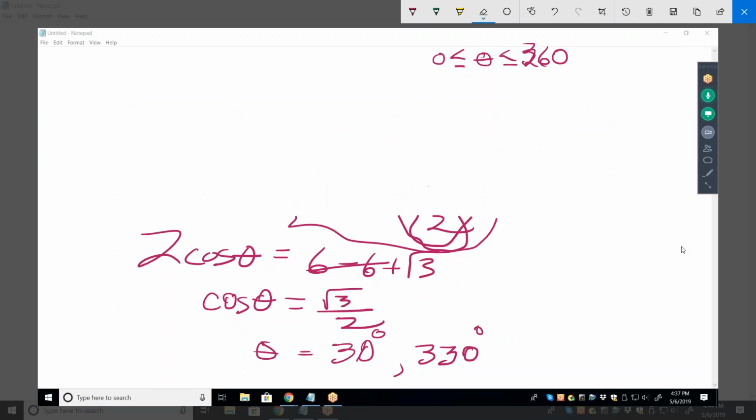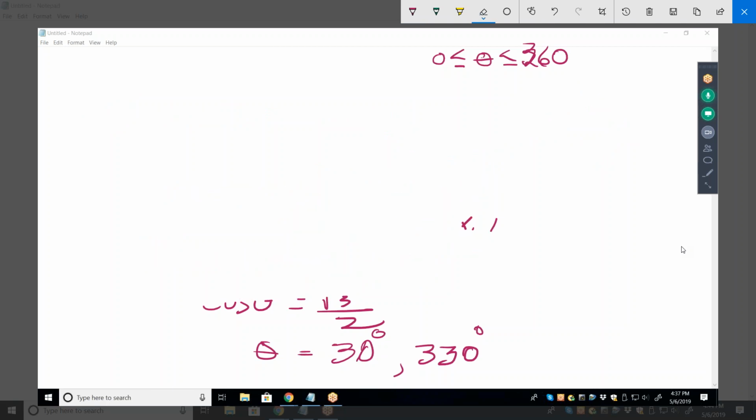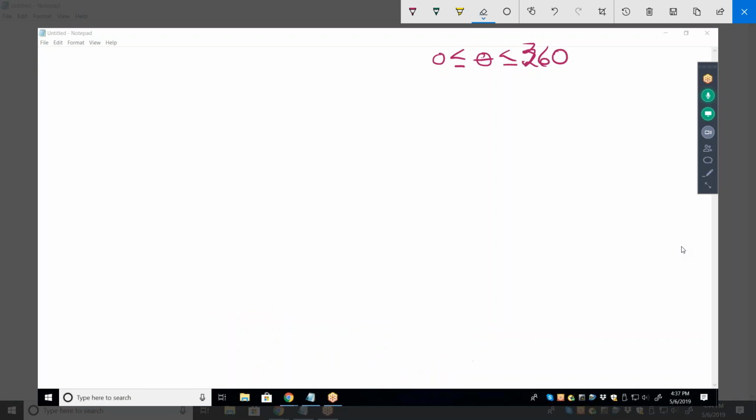This one is 6 sine theta equals negative 4 root 3. Same domain? Yeah. Okay. First step?